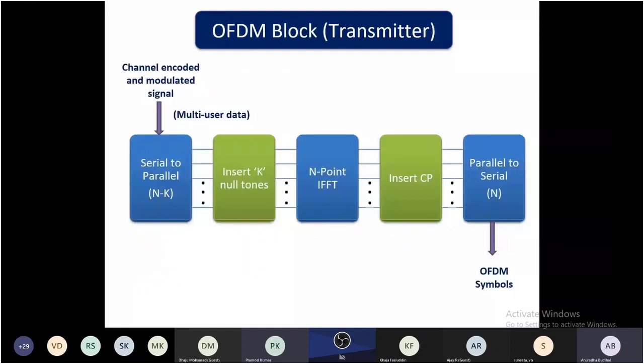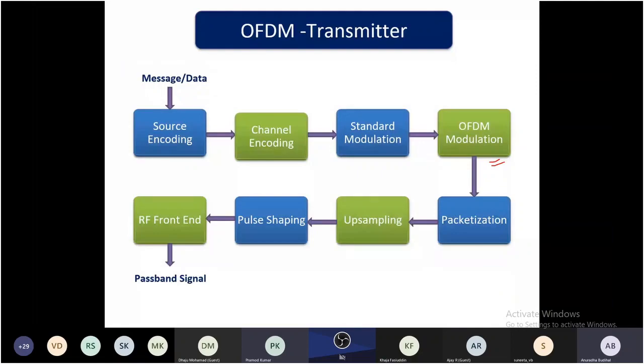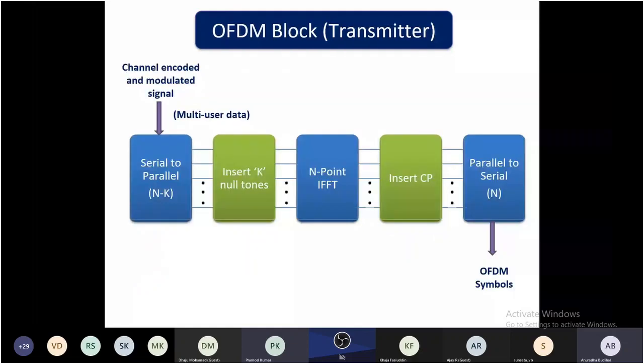First we'll be taking in the output from the standard modulation. After converting our bits into symbols, we make those symbols parallel. After converting the symbols into parallel format, we insert null tones. Null tones are nothing but the guard that we add in between two subcarriers, so that there will be orthogonality between each other.